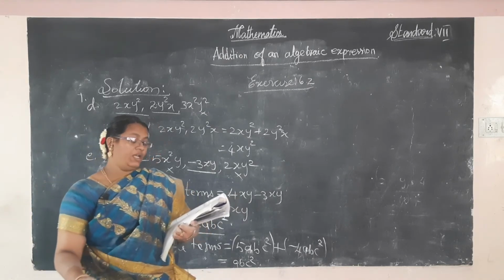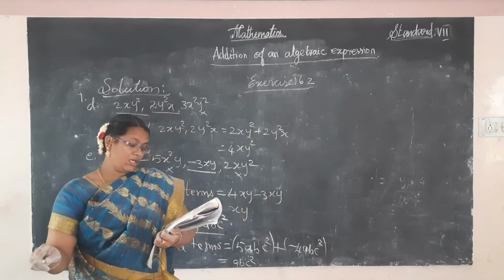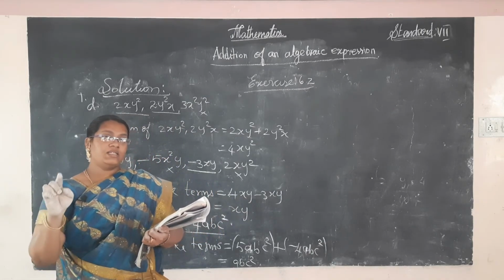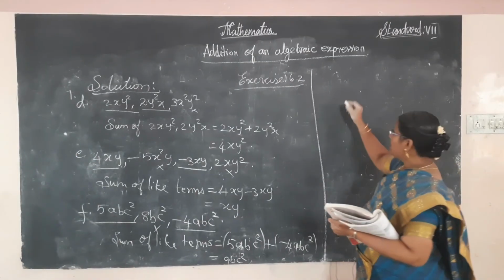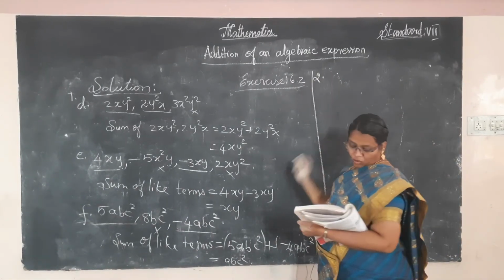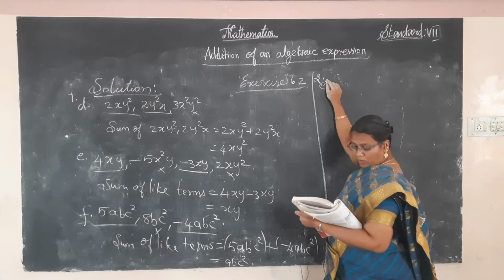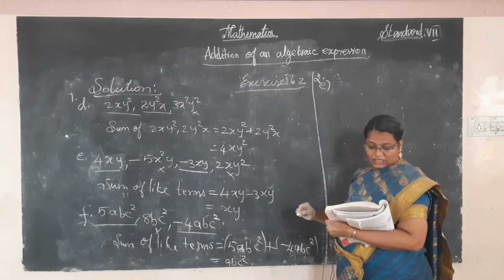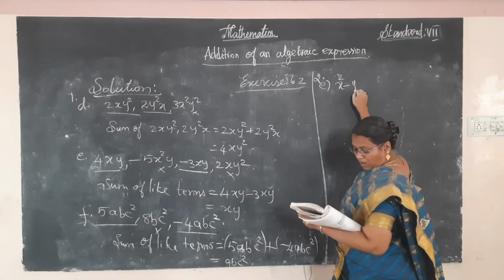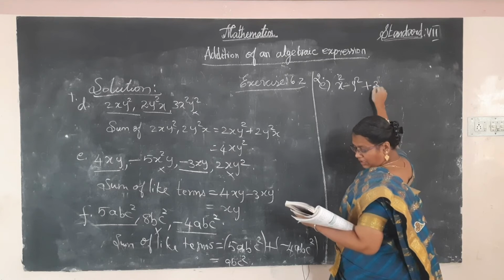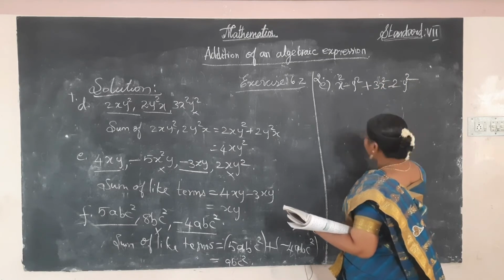Right, and move to the second problem. Simplify the following. The first 4 problems are homework. Now see the E problem: x squared minus y squared plus 3x squared minus 2y squared.